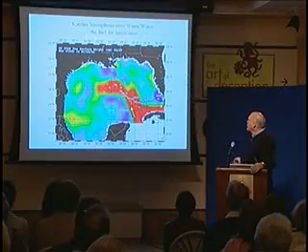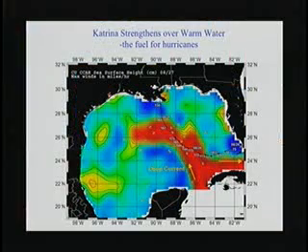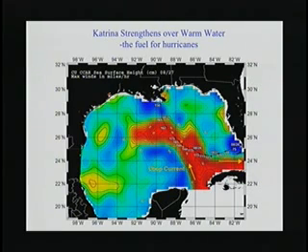But in the loop current here, that layer of warm water is much deeper, and therefore the prospect of the hurricane being quenched is much less, and as you saw here, it strengthened over the loop current and then decayed a little as it came ashore. So it's this warm water and also the depth of the warm water near the surface that is the fuel for the hurricanes.